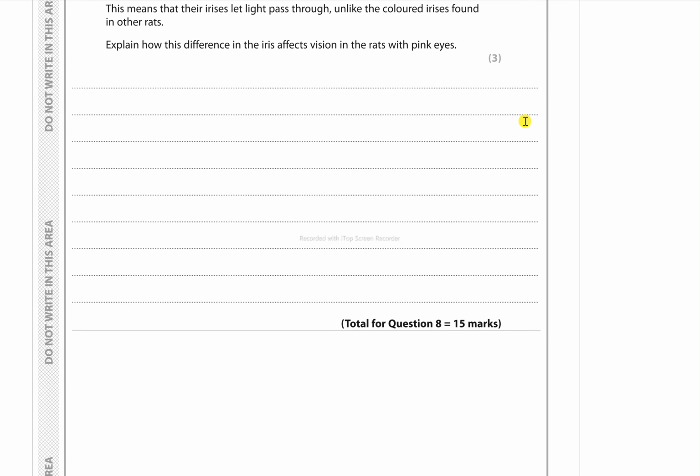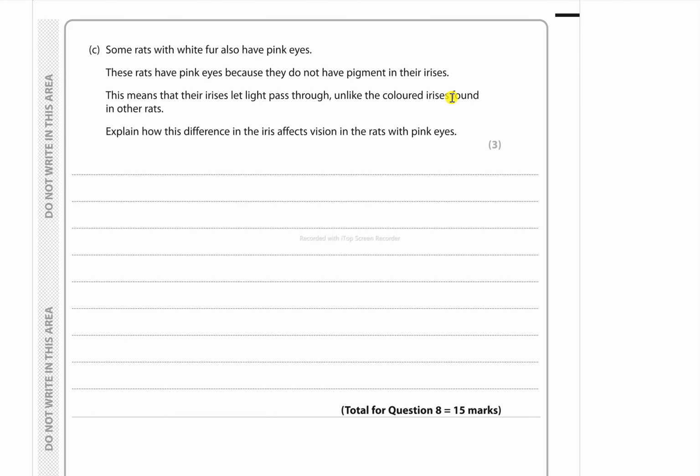So what happens is the iris does not block the light, so the pupils do not dilate and constrict much.